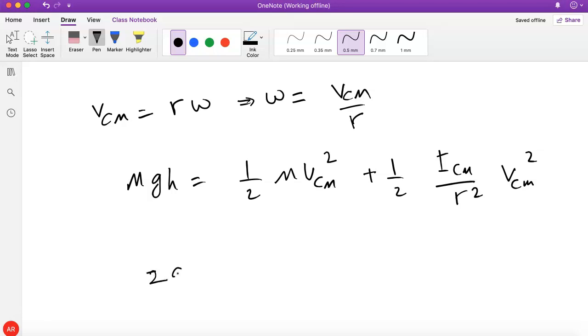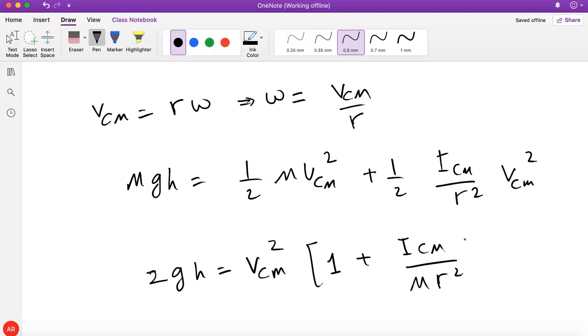So then we find 2gh is VCM squared, which then we factor out, times 1 plus ICM divided by mr squared.